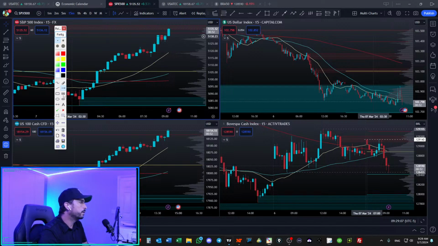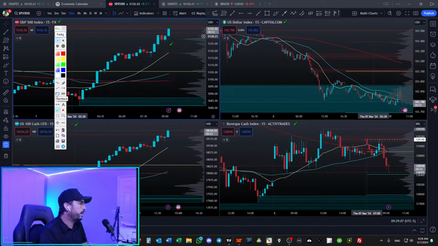This one is the S&P, as you can see on the left upper corner. And then here is the dollar, the DXY. This one is the Nasdaq. And this one is the Bovespa Cash, the BR50, the mini index on Brazil. So I keep those on a higher time frame.